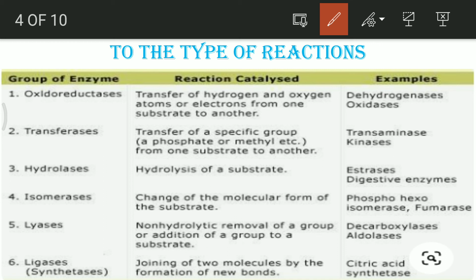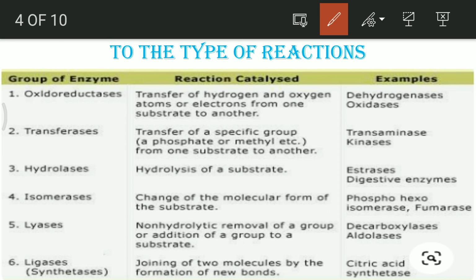So next is lysis, and in lysis we see the breakage of specific covalent bonds and removal of groups without hydrolysis. For example, histidine decarboxylase splits carbon bonds of histidine and forms carbon dioxide and histamine. So this is one very simple thing which occurs.